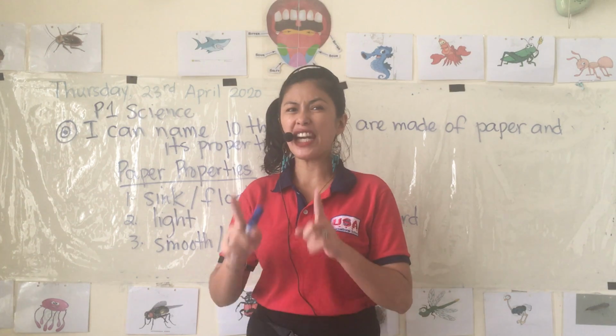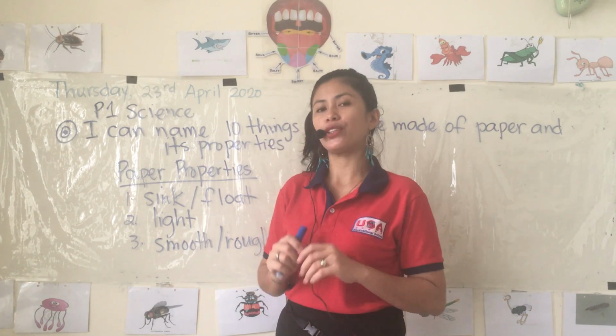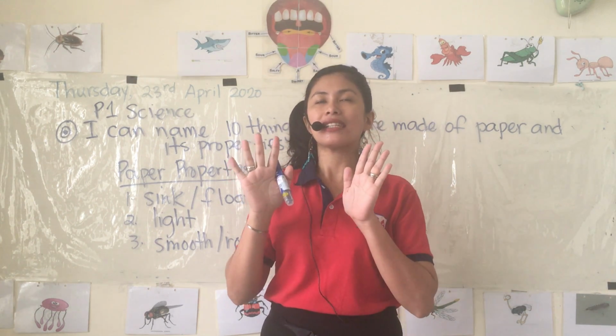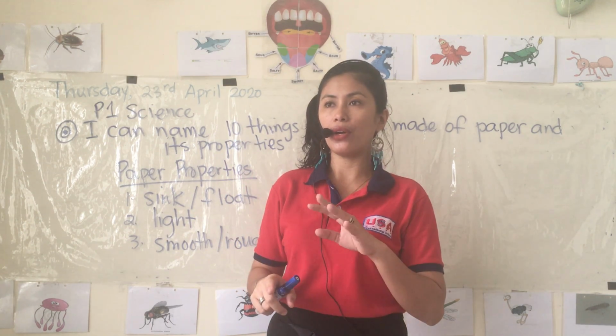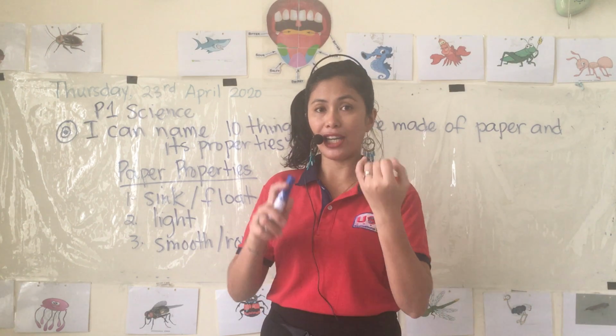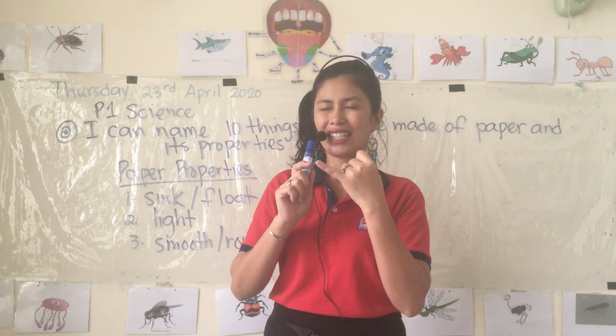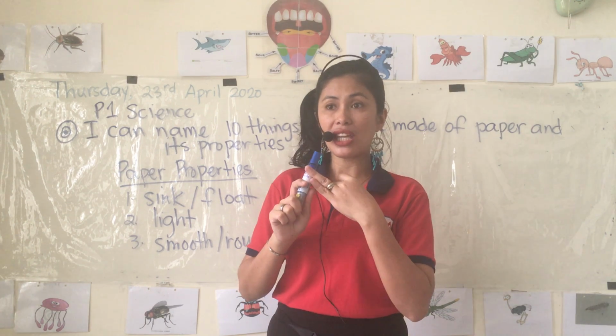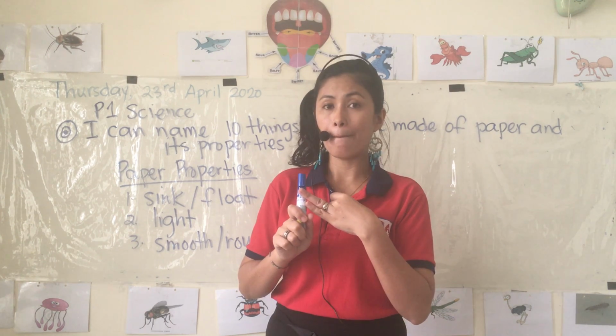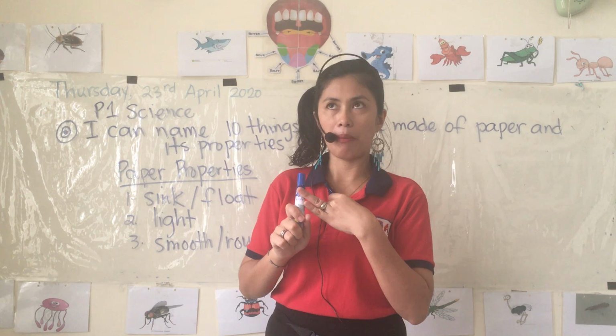we are going to name, or you are going to name 10 things that are made of paper. A few days ago, teacher asked you to write 10 things that are made of wood, 10 things that are made of, what's the other one? I can't remember.